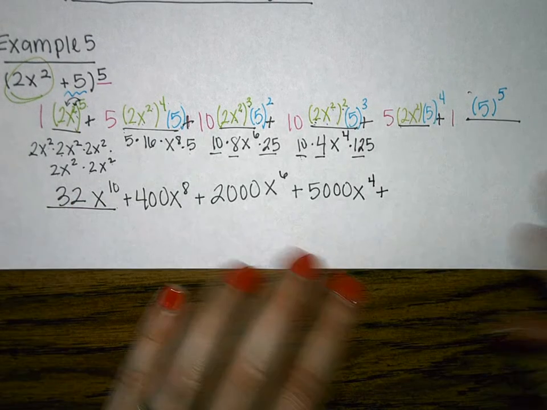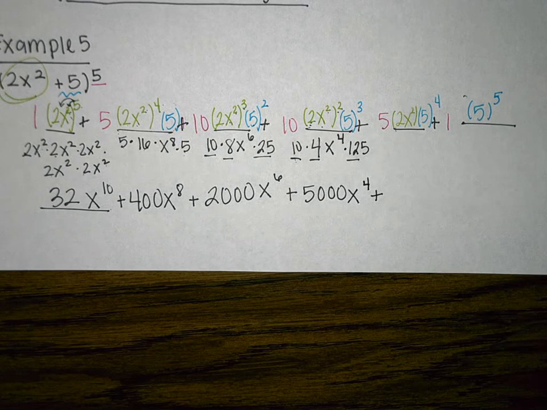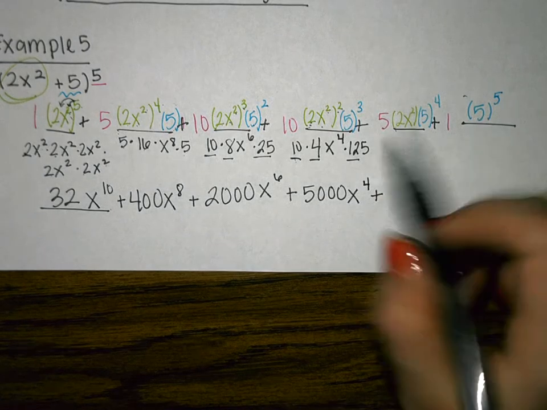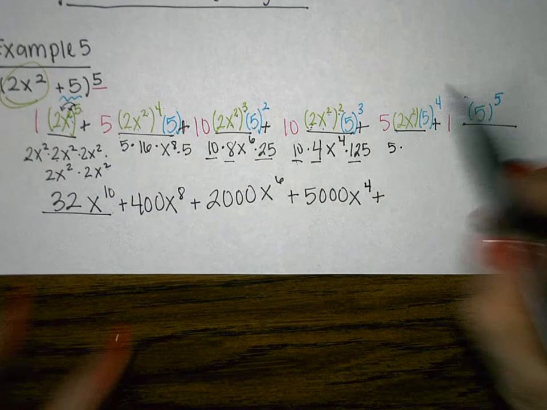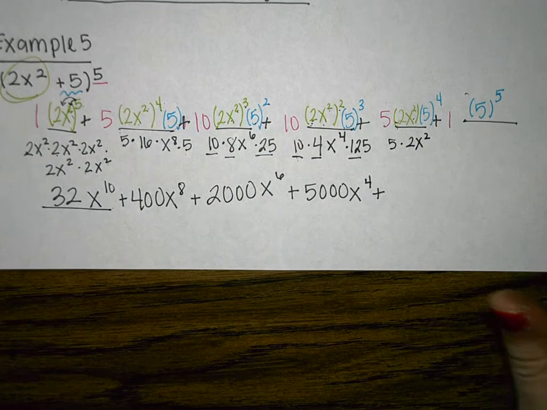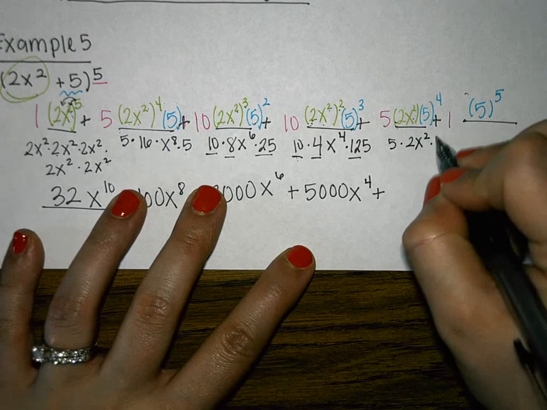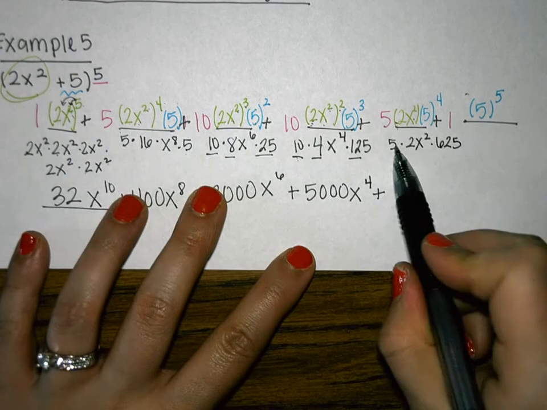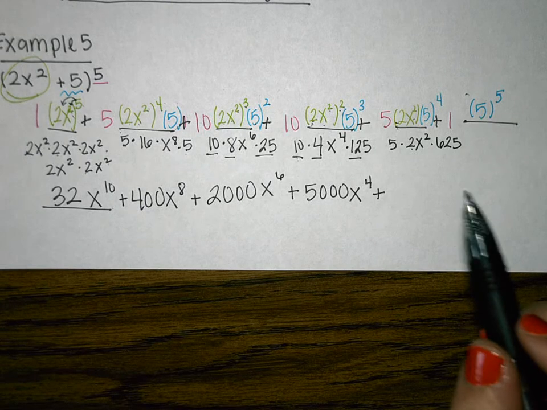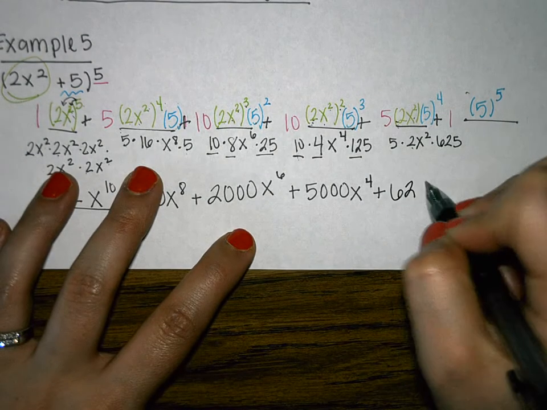Plus, you are allowed to use a calculator on this, by the way. We have 5 times 2x squared to the first, so that's just 2x squared. And then 5 to the 4th comes out to 625. So this is 5 times 2 times 625, which comes out to 6,250.